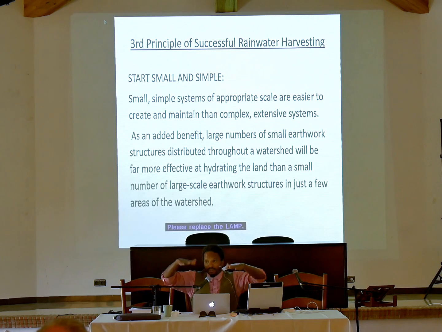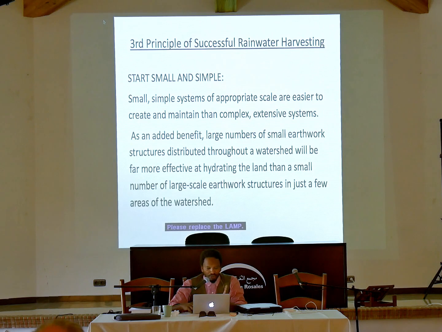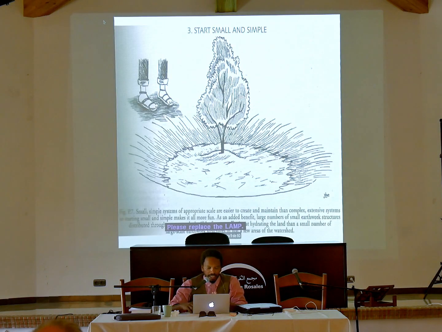So you're able to have a much more even distribution of water than if you had, say, one big dam in one specific place, and then you had to figure out how you're going to spread this water out over a large area. Okay, so start small and simple.